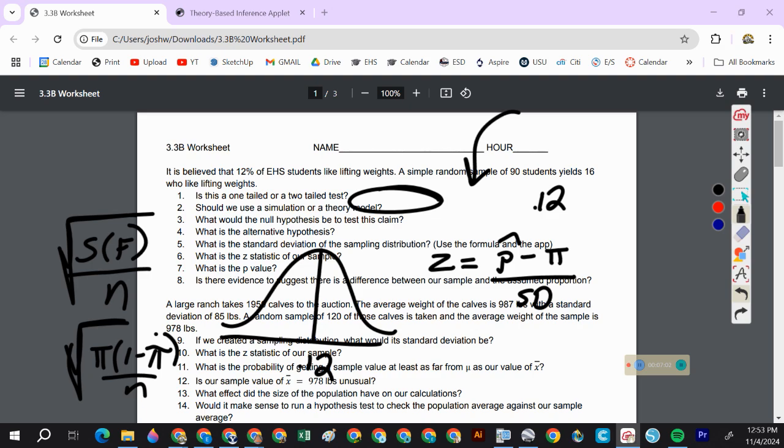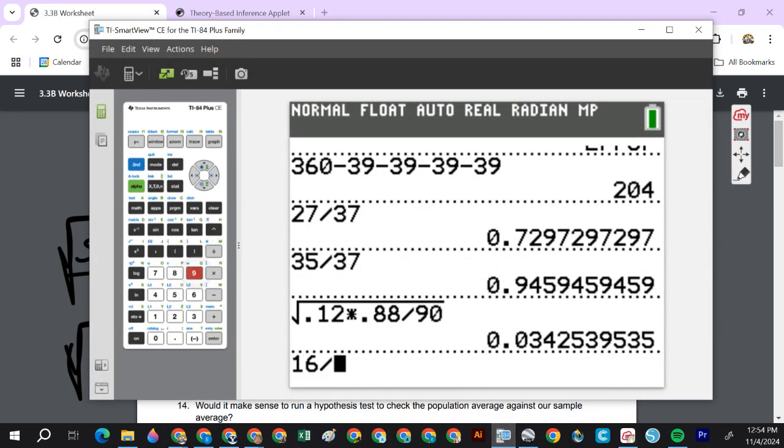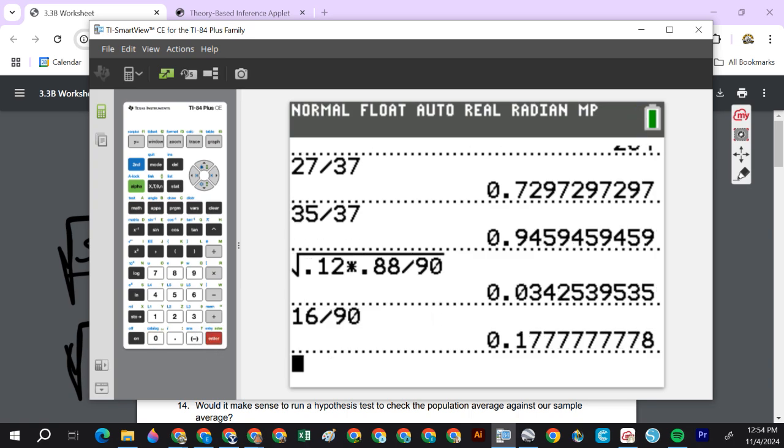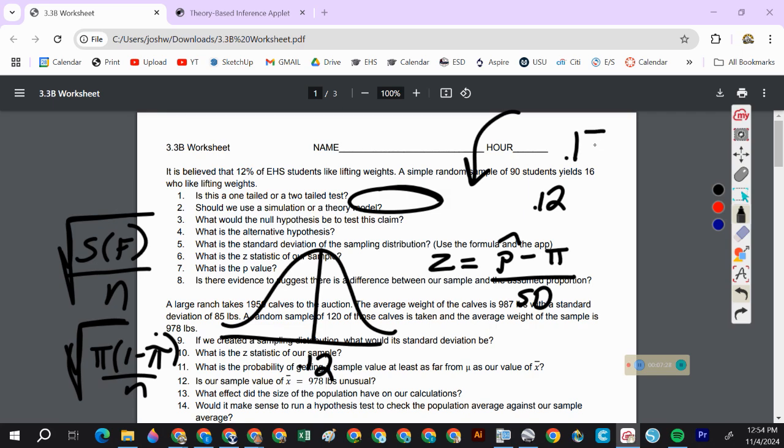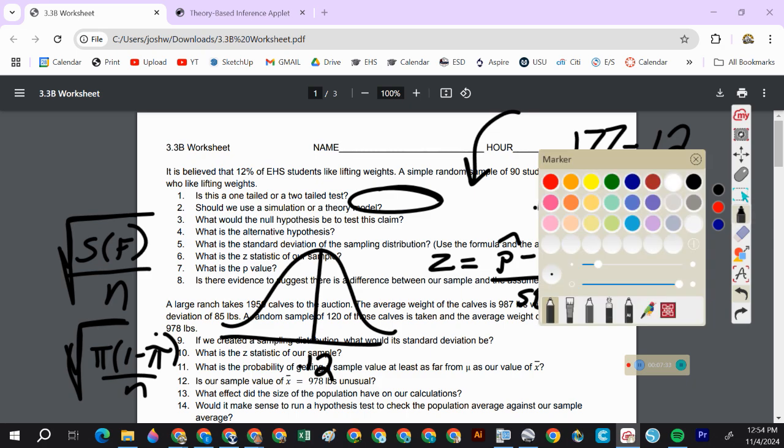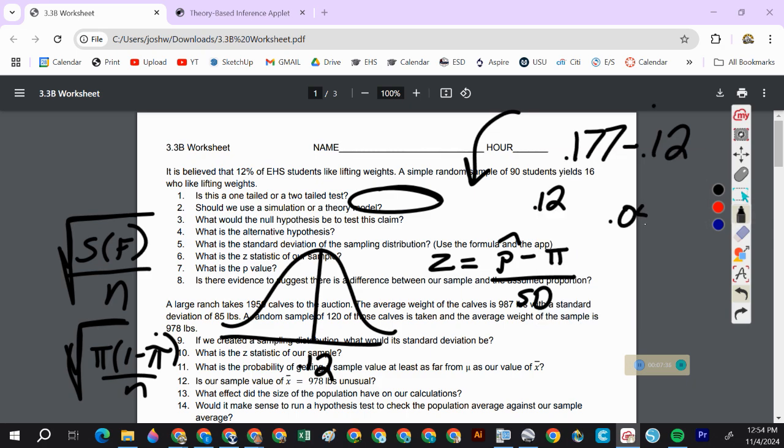What did we actually get when we did a survey? We got 16 out of 90. So 16 divided by 90 is 0.1777. And the z-score describes how far away that number is from the expected value in terms of the standard deviation. Okay, so 0.177 minus 0.12 is going to give me 0.052. What does that number mean?